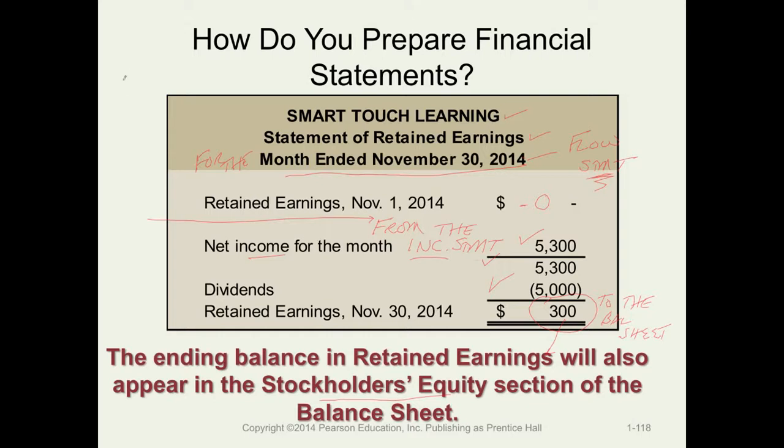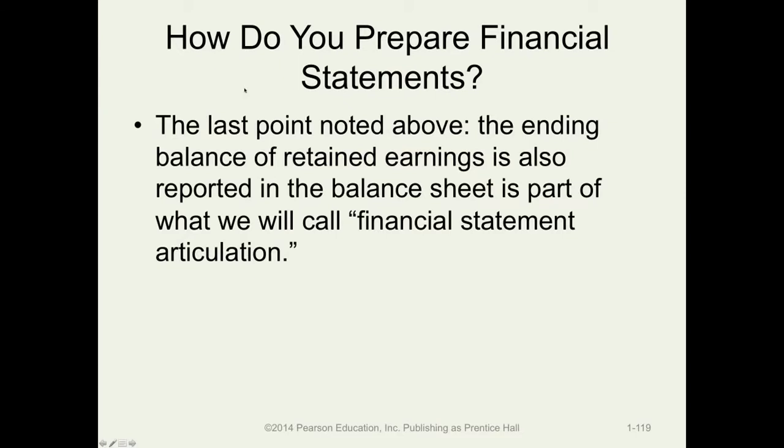And the term, again, is called articulation, A-R-T-I-C-U-L-A-T-I-O-N, articulation. And articulation means that the statements will tie together. So, again, moving income into the statement of retained earnings, and then the ending retained earnings going to the balance sheet again is called financial statement articulation.